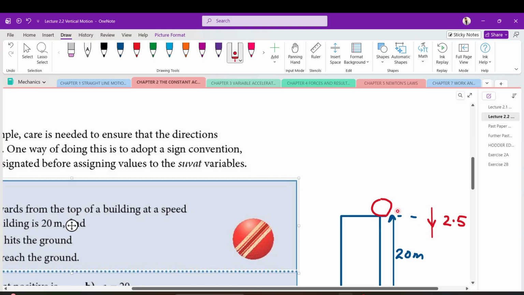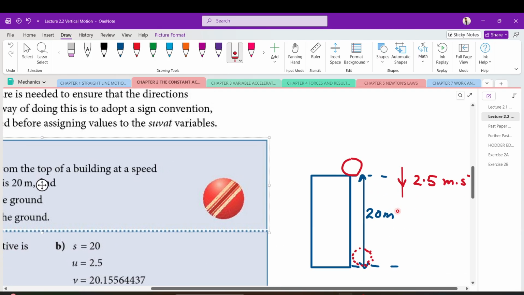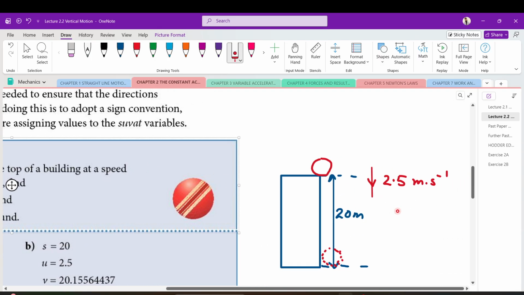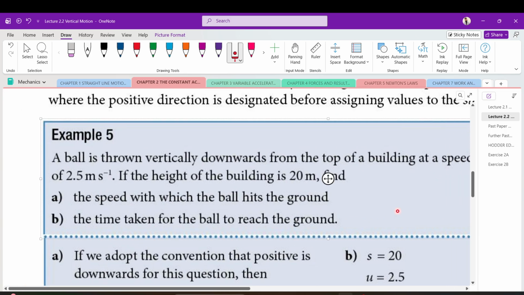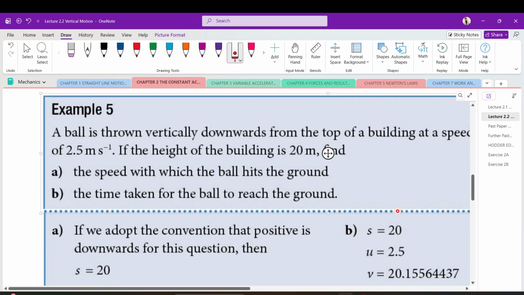Also, if you need to understand this, it will be a good idea to draw a simple diagram. So this is the building, the ball is here, it has been thrown, so it is moving downwards, and we are taking down as our positive. So this is the point where we need to find the final velocity. So here, write down the values that we are using, and also mention in the question that you're taking downward as positive.